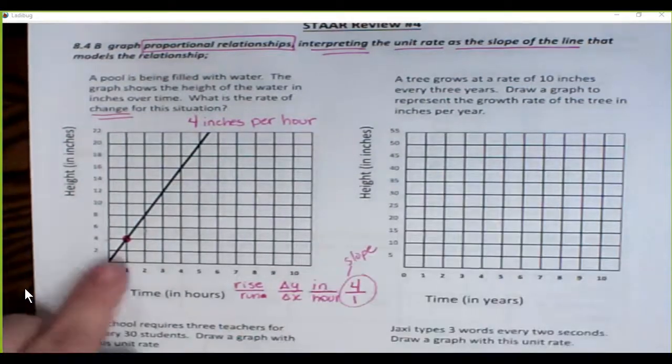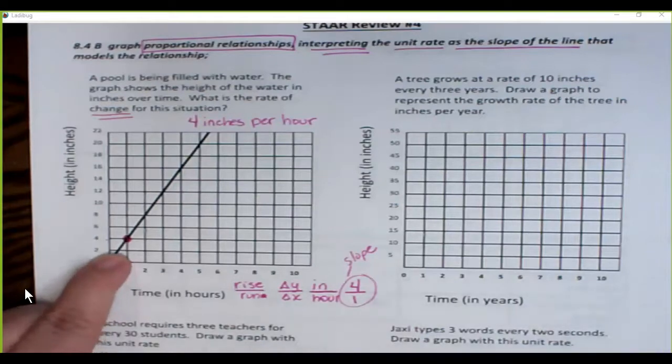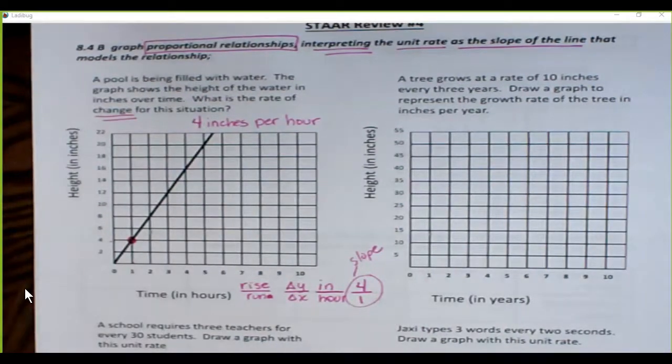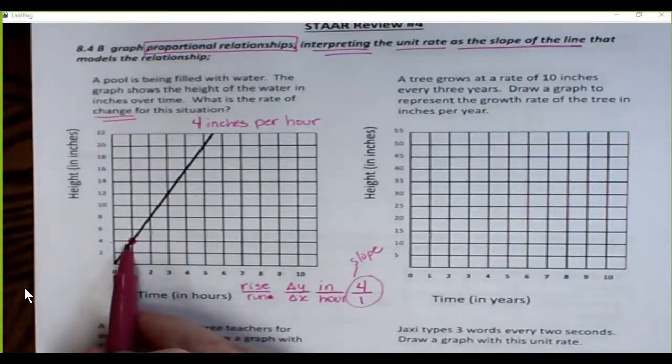Notice my unit rate is still my slope, and we're fixing to prove it. I know that if this is my slope, I should be able to rise up 4, go over 1, and my next point should be a pretty point on this line. Okay? So let's start at the point we first found for our unit rate. How far do I need to rise up? 4. But what is the y-axis counting in? 2's.